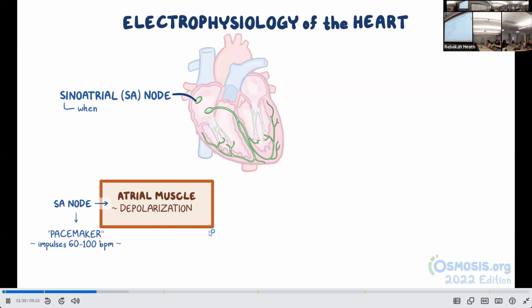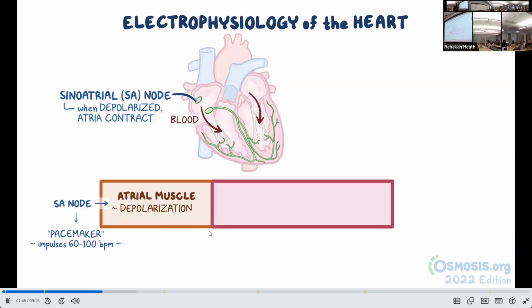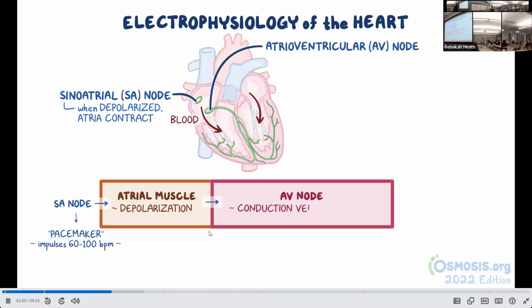When the atrial muscle cells get depolarized, they contract, pushing blood from the atria into the ventricles. Meanwhile, the impulse lands at the atrioventricular or AV node, which lies at the lower back section of the septum that separates the right and left atria. Conduction velocity, or the speed at which the impulse is propagated, slows way down in the AV node.